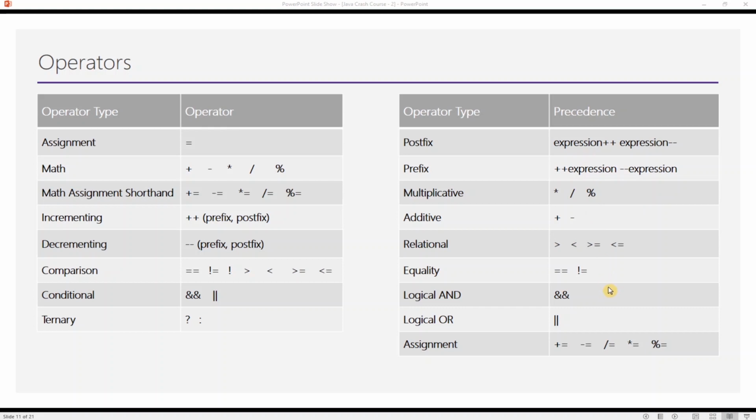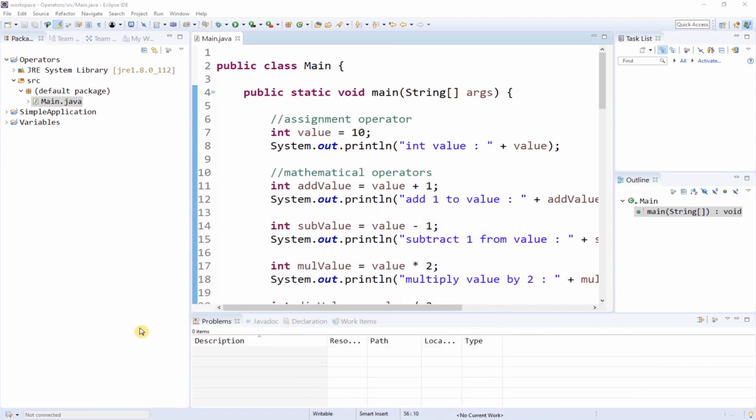Operators of the same precedence are evaluated from left to right, except the assignment operator that always evaluates from right to left. If we want to enforce the evaluation of some particular operators first, then we need to wrap that sub-expression inside parentheses. Now let's shift back to the Eclipse IDE to see these operators in action.